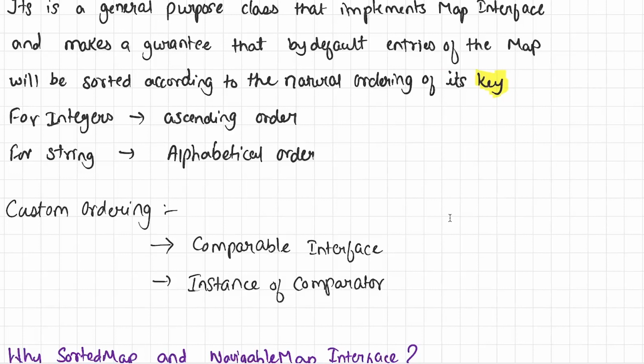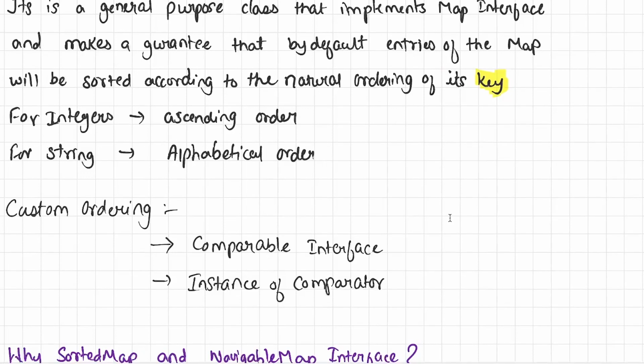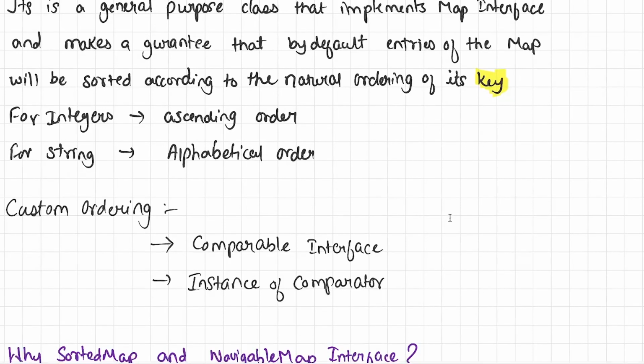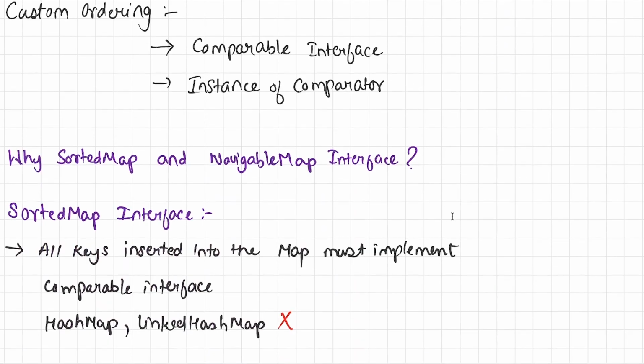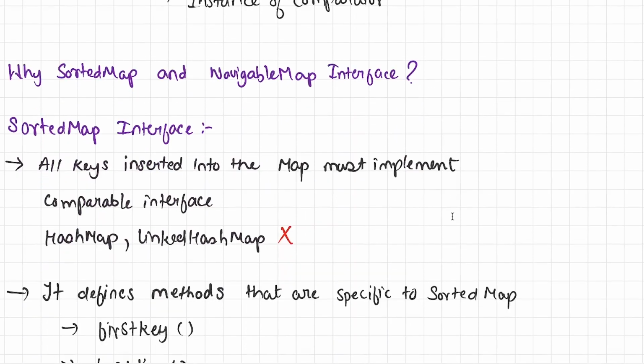And internally, TreeMap uses comparable interface to place entries before or after each other. And the next method is if your key has not implemented comparable interface, then you are free to provide an instance of comparator into the constructor while creating the instance of TreeMap. So these are the two ways you can provide your own sorting order to the entries of the TreeMap. So I hope this is clear to you what is TreeMap and what problem it solves.